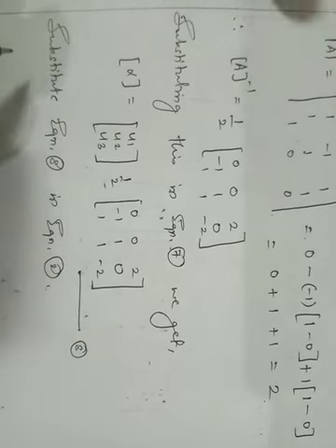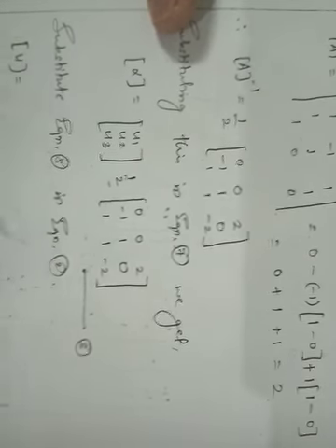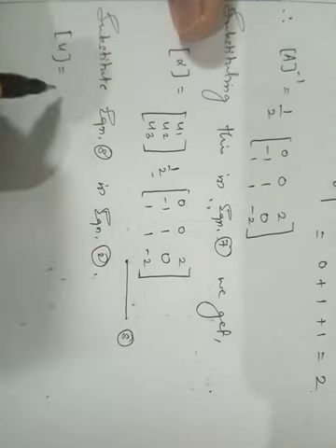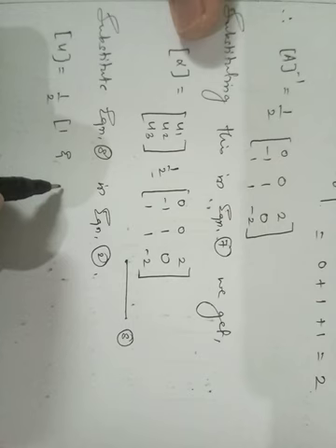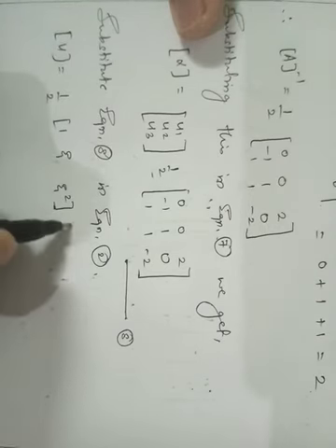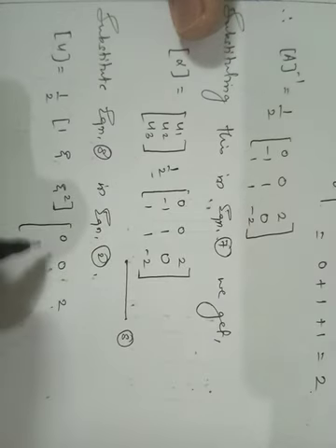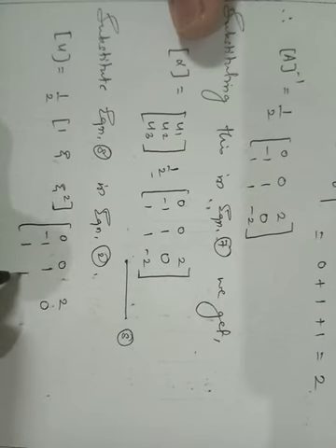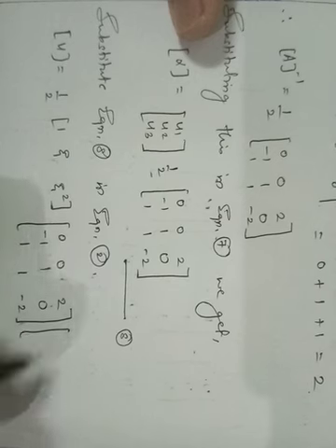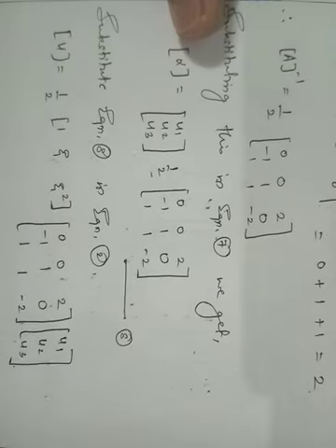So we'll be getting u will be equal to 1 by 2 times [1 zeta zeta square], times [0 0 2; -1 1 0; 1 1 -2], and here you will be getting u1 u2 u3. Right.